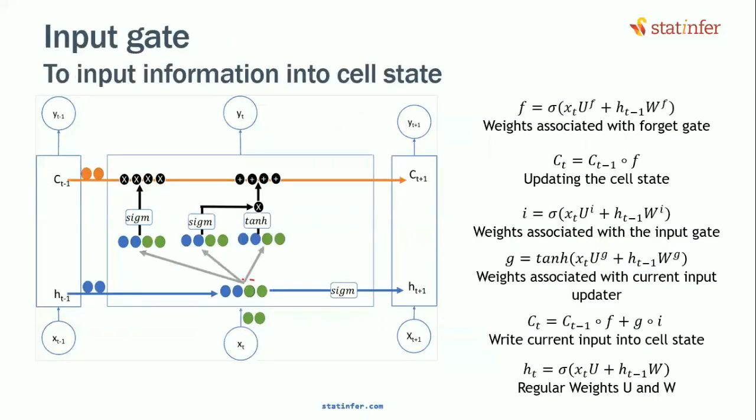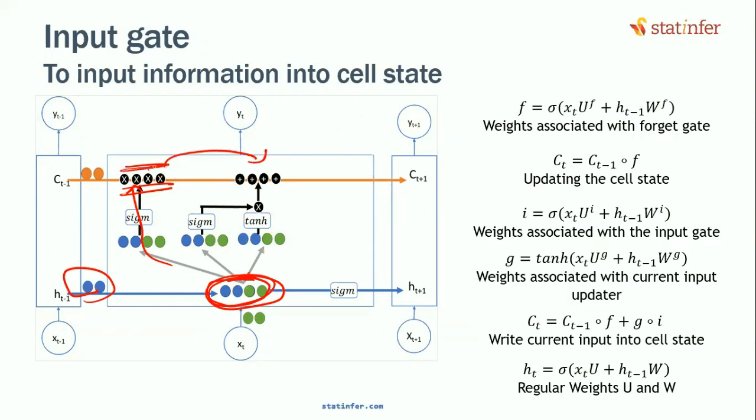Part two, we take another copy of this. This is one copy, and the cell state is updated. With another copy, we will append some information from the current input and the previous hidden output to the cell state.